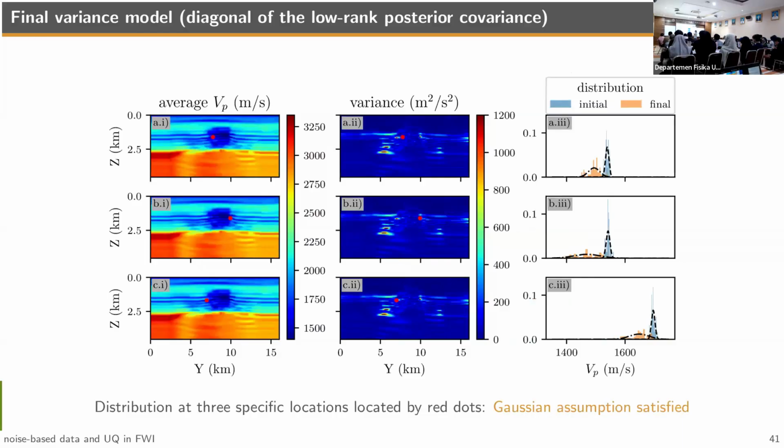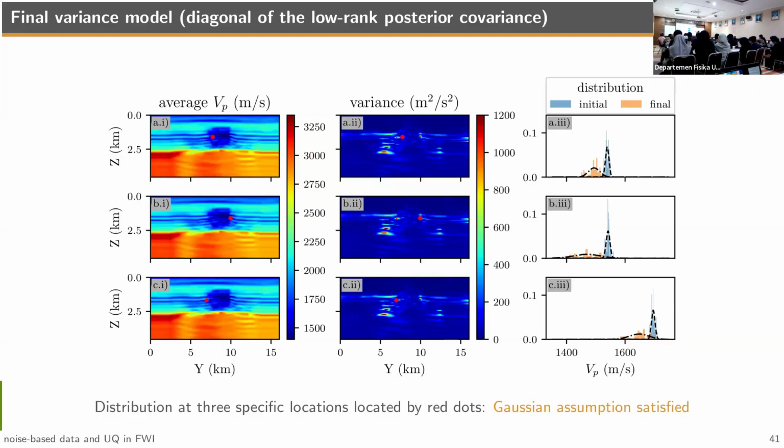If we have a look at the prior and posterior covariance, you can see here, for each position of the red dots, how the initial distribution in the ensemble looks compared to the final one. You can see that we started from something very homogeneous, and after inversion, we have a possible shift in the velocity and spread of the uncertainty depending on the position of the point we are looking at.